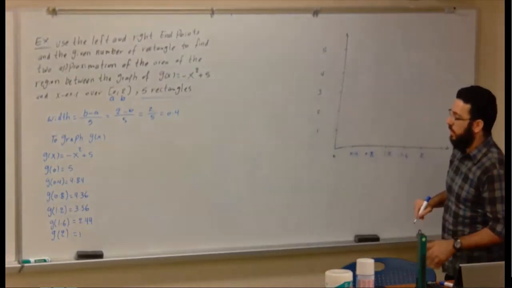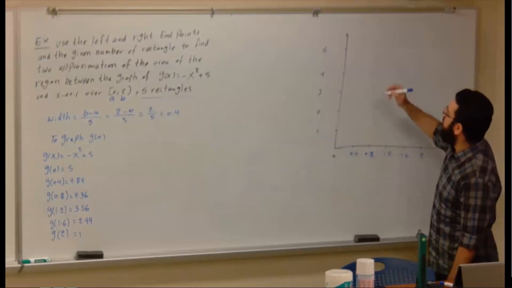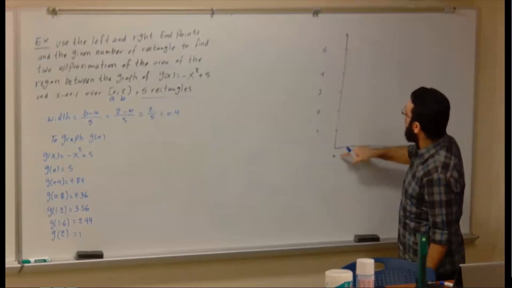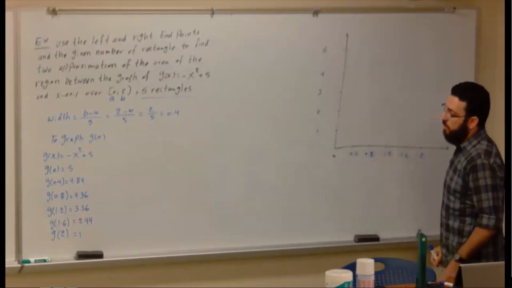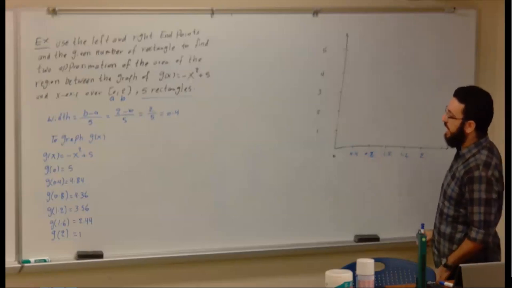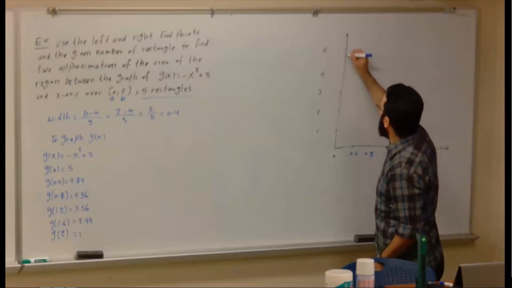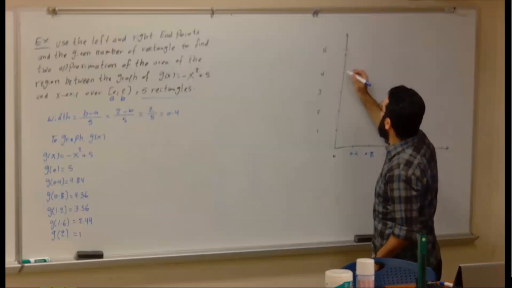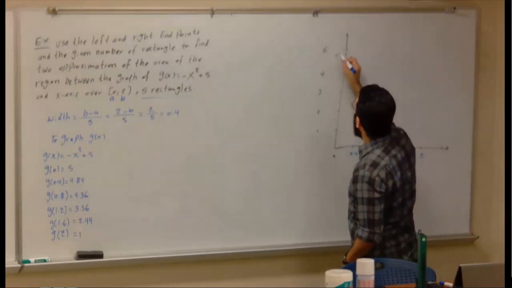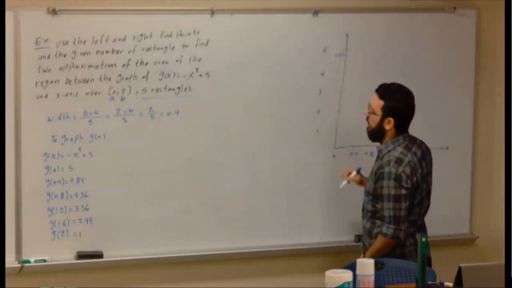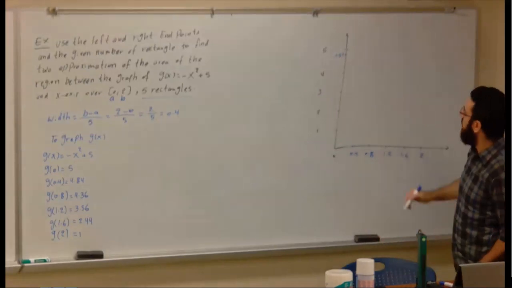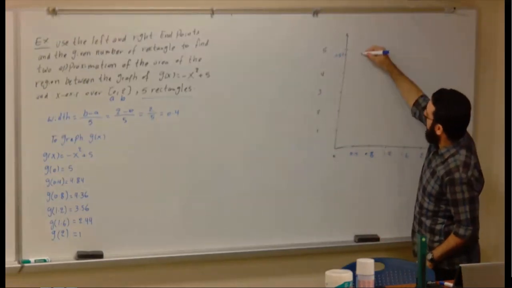Let's just do an approximation. For the 0, it's going to be 5. For the second one, it's going to be 4.84. I'm going to say here is 4.84. The second one, that means here.